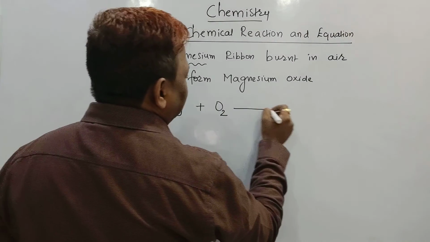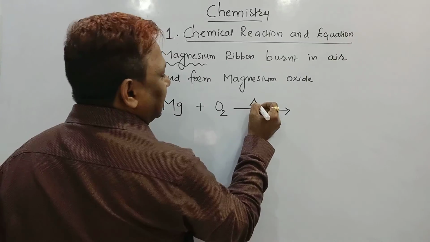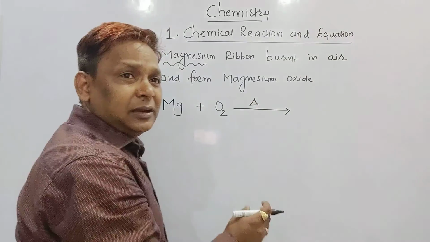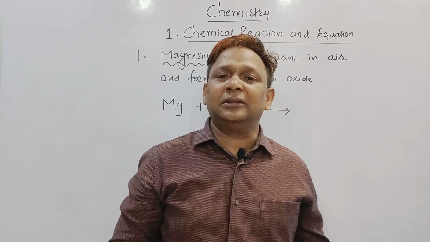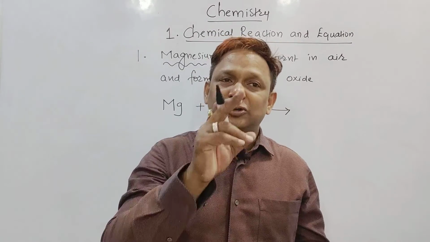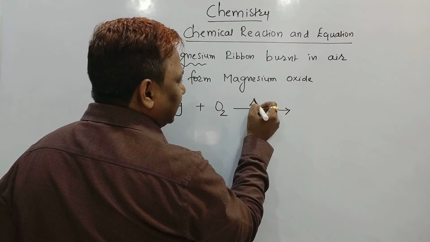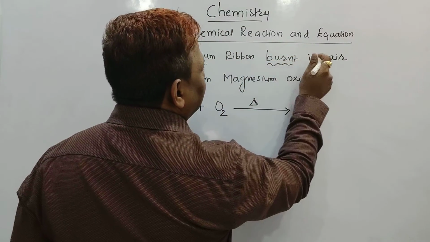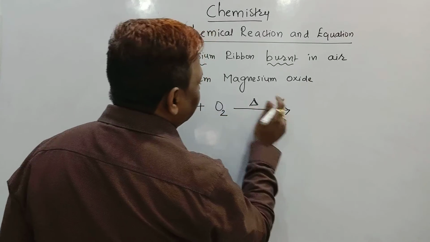When it is burned, burnt means I should give the delta sign. The delta sign indicates heating. Anything which is going to be heated or burned should be shown with a delta sign. Burned in air means O2, and forms means this arrow.